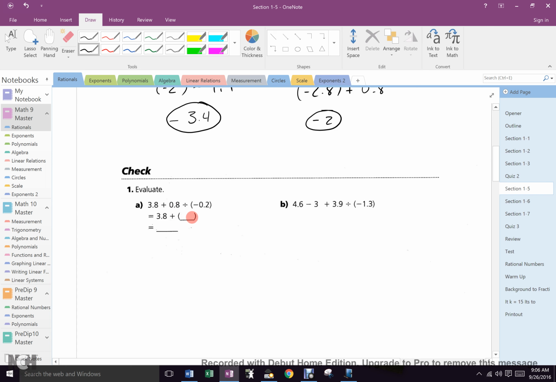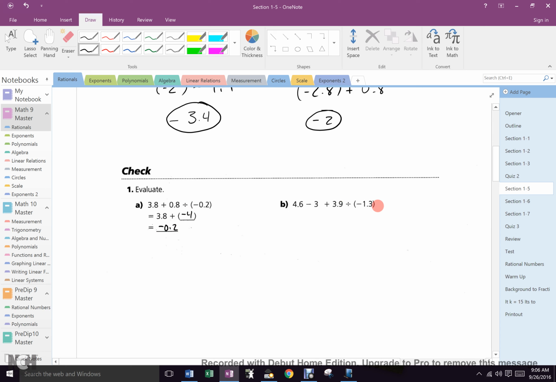Did you use your calculator, Stephen? If you don't know the answer, you're supposed to use your calculator. Did you punch in 0.8 divided by 0.2? And you got -4, which is absolutely correct. And what is 3.8 plus -4? -0.2. Yes?